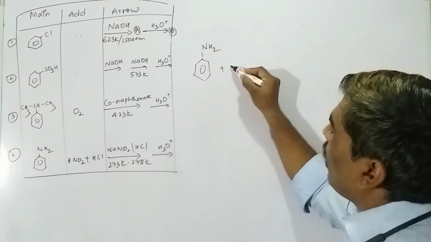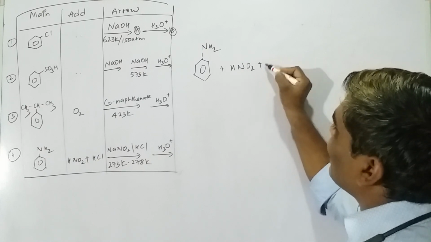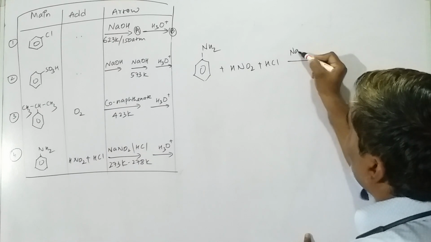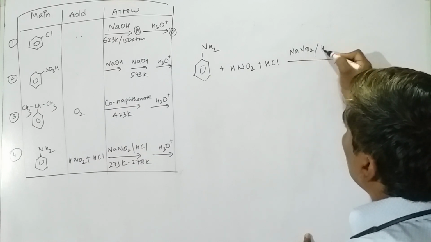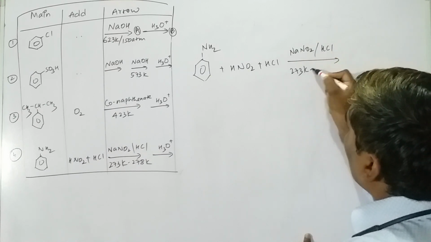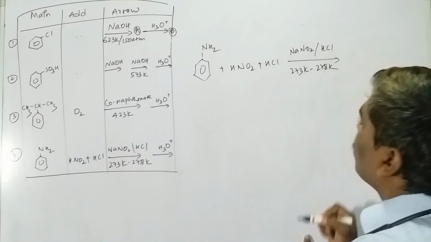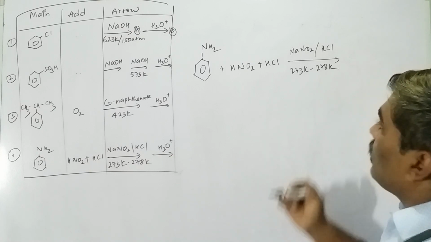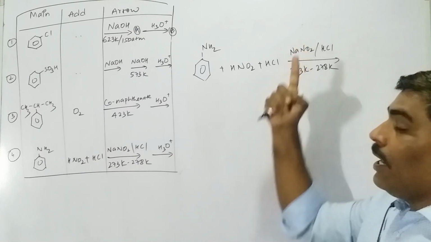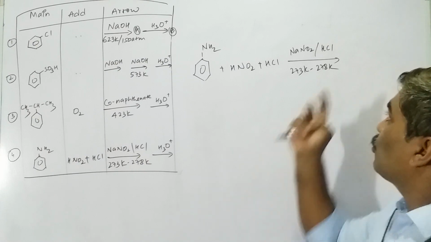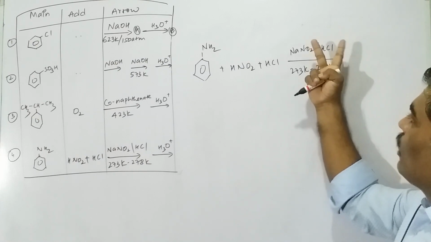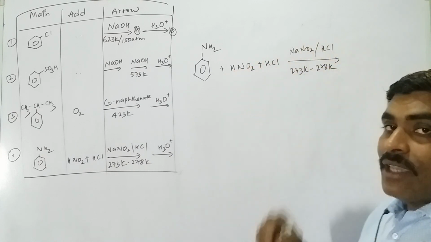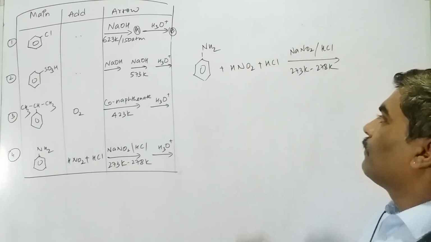As you see here, what I have given is HNO2 plus HCl, but this HNO2 is obtained from NaNO2 and HCl, and this temperature you have to write, 0 to 5 degrees. Actually the proportion here is NaNO2 to HCl 1 is to 2. So 1 is to 1 reacts to produce HNO2, and the extra HCl is there.